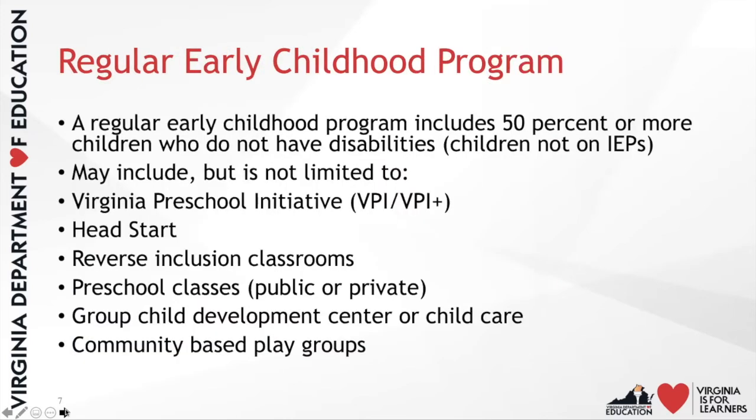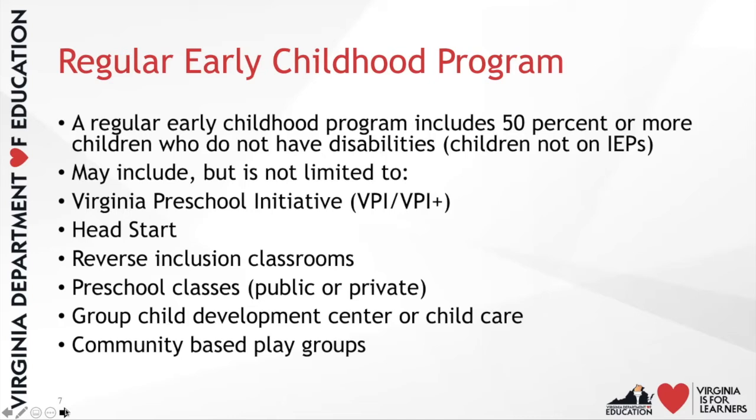The setting referred to as regular early childhood program is defined as having at least 50% of children without IEPs. In other words, at least half the class will always be comprised of children who are not identified with a disability and in need of special education.